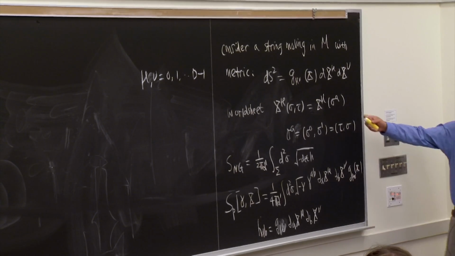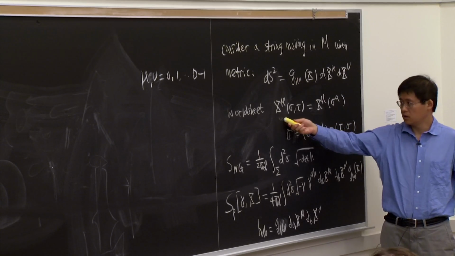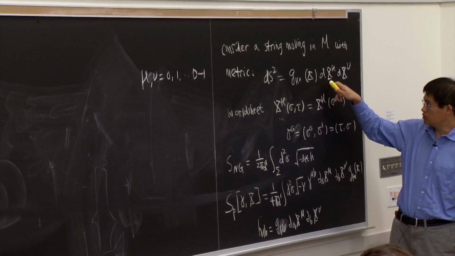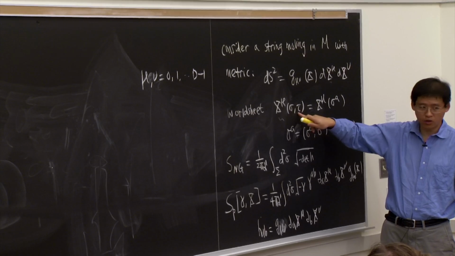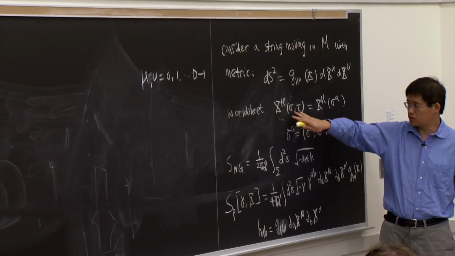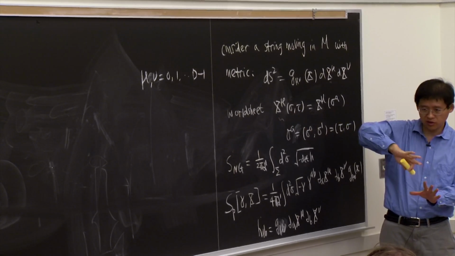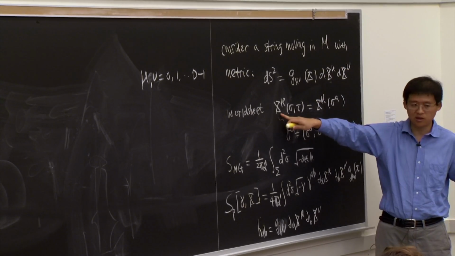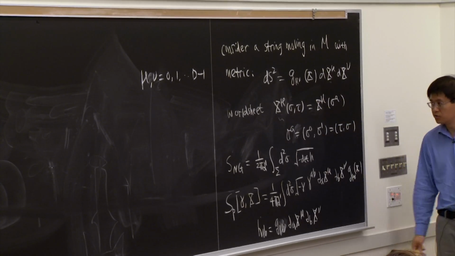And then the worldsheet will be characterized by x mu as a function of the worldsheet coordinates sigma, tau.